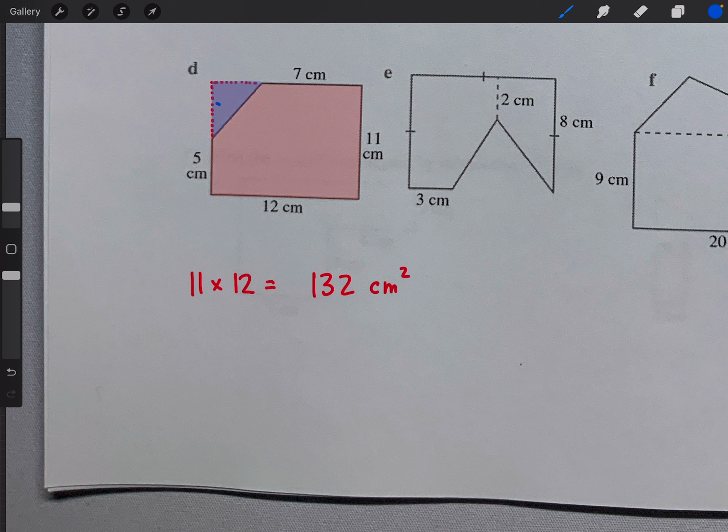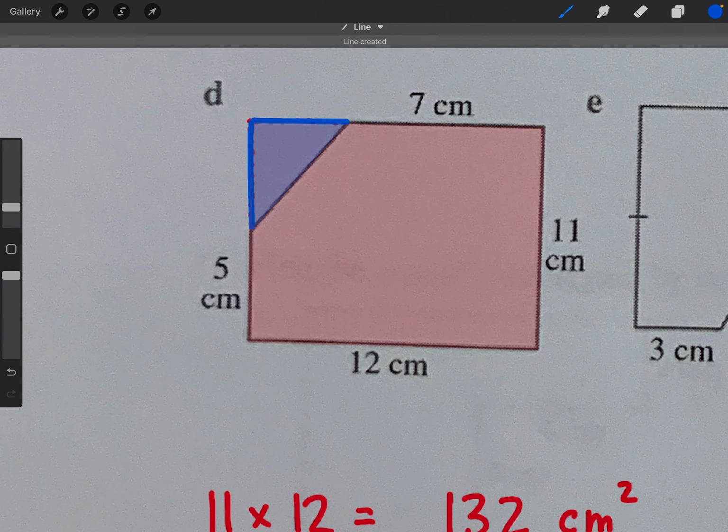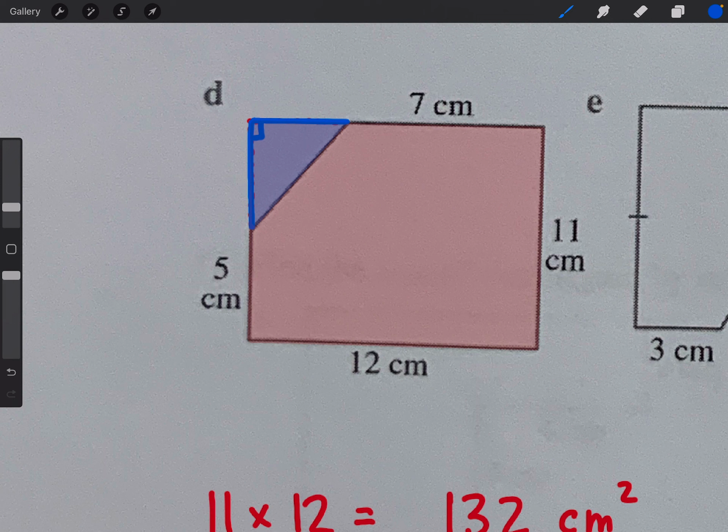Okay, so this top part, well actually it's right here. How do you find the area of this top triangle here? Well, we need the two sides. We have one side here and we have one side here. These two sides are perpendicular to each other, so we need those two lengths.